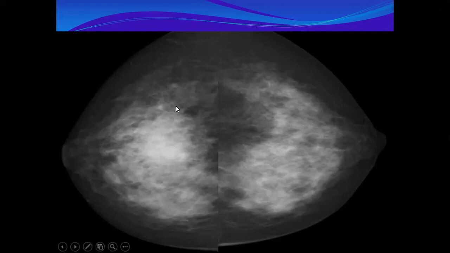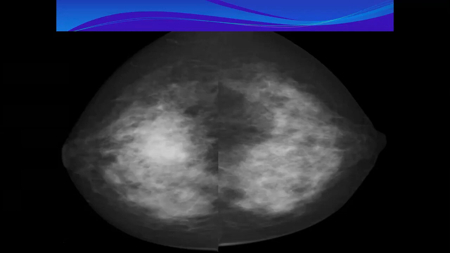Yes, about this. This is the anterior, this is the middle, and this is the posterior. This is outer, this is inner, and this is central. So it is mid-central toward posterior, meaning from the middle to the posterior depth of the breast. This is the asymmetry.